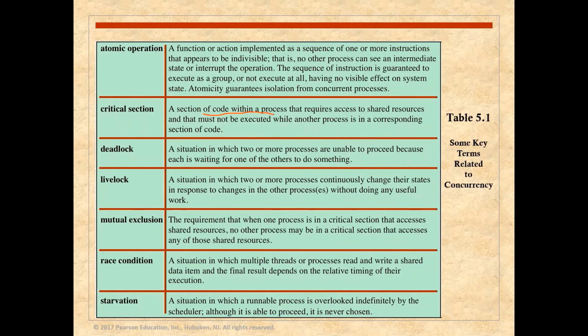It might be your memory, your hard disk, your printer, or an I/O channel. So it's something related to sharing. We are basically not allowed more than one process to execute in the critical section.